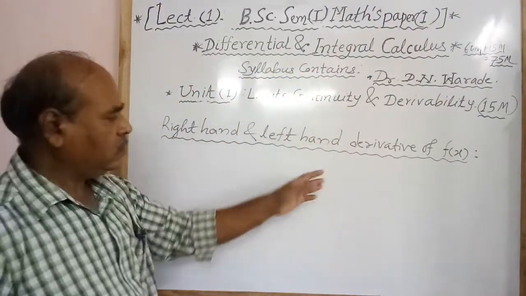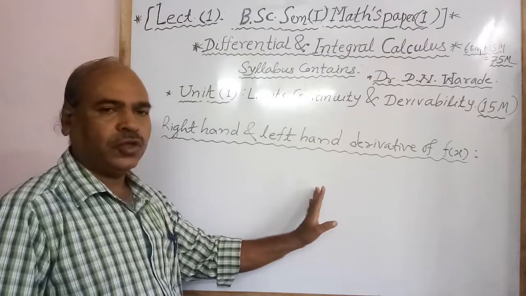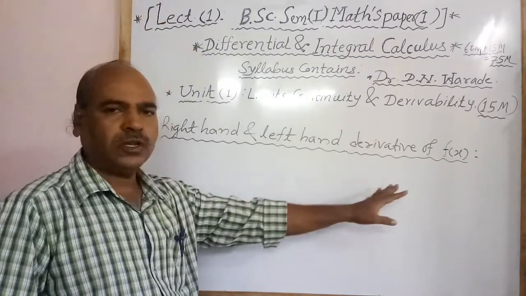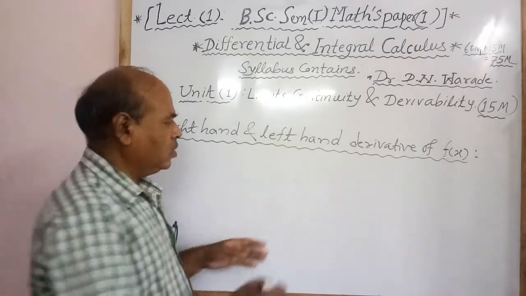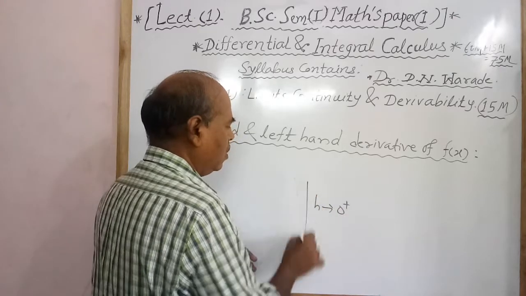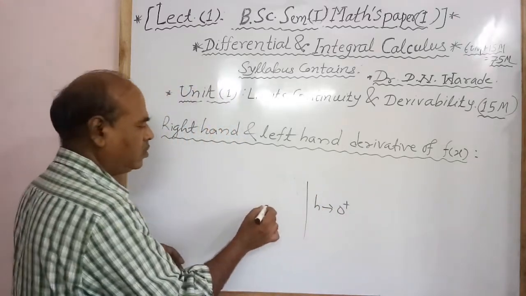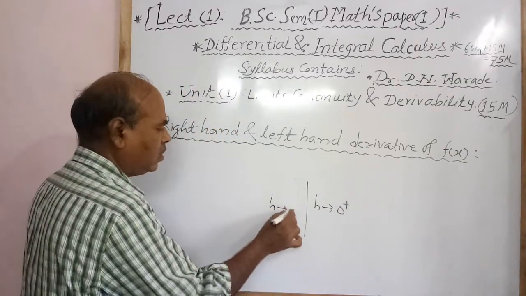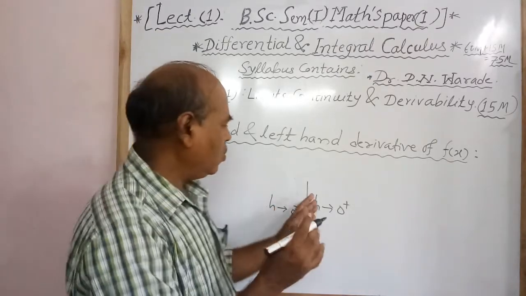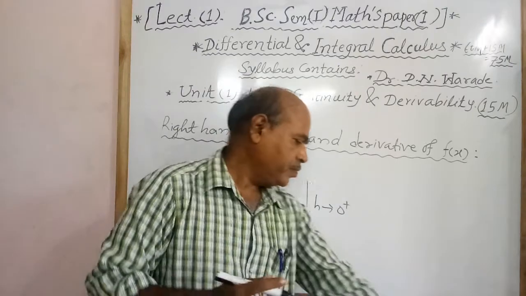You know the number line, there is 0, and from 0 onwards there is 1, 2, 3, 4. Therefore, this we say h tending to 0 plus, on the right hand side of the number line, and on the left hand side of the number line we say h tending to 0 minus.